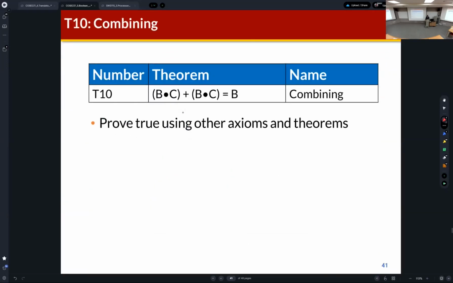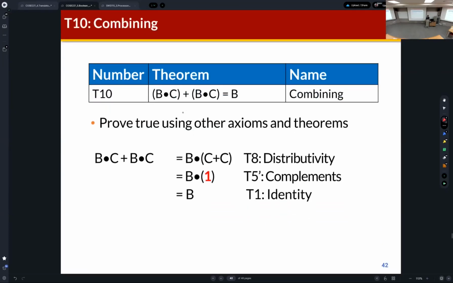How about the combining theorem? Actually, we can also apply the distributivity. By this combining, we can apply the inverse of the distributivity, and then see.